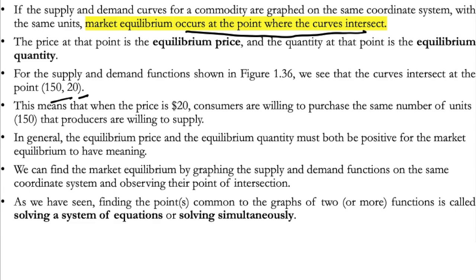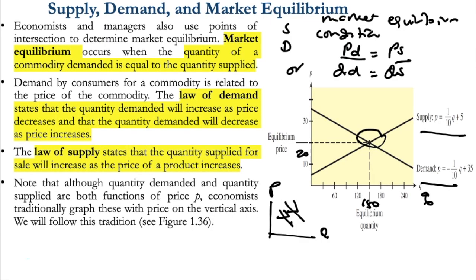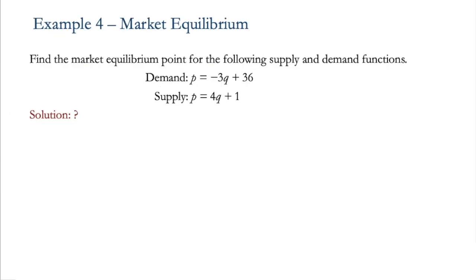Okay, so when you solve it, this is solving a system of equations, or solving simultaneously. Alright, but if we are given equations like this, how do you solve it?